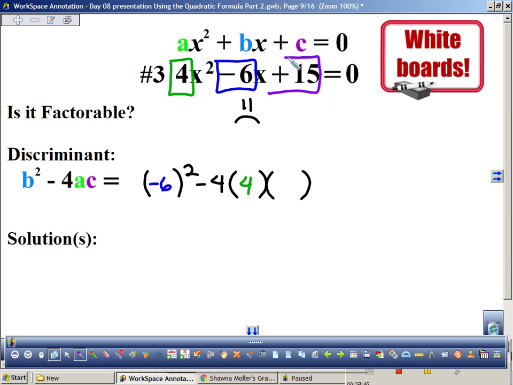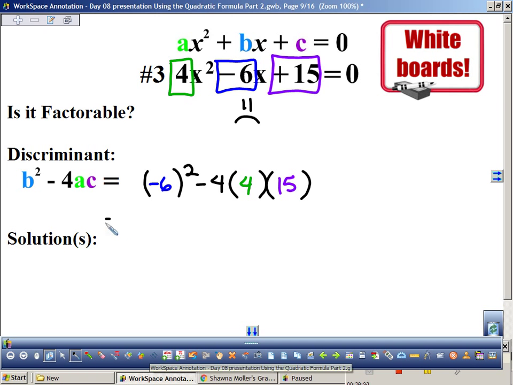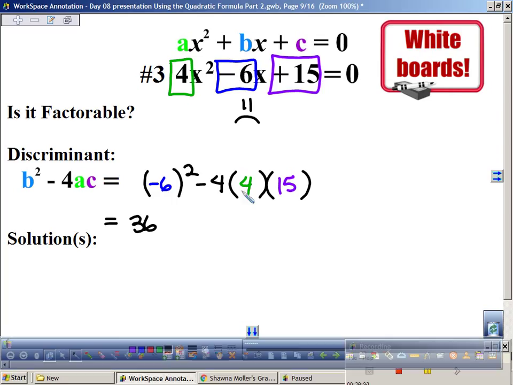What else does the 15 stand for? Good. My y-intercept. Okay. Ready for some mental math? You don't need a calculator for this, guys. 36. Okay. 4 times 4 is 16. 16 times 15 is, that's hard, right? But how much is 4 15s?